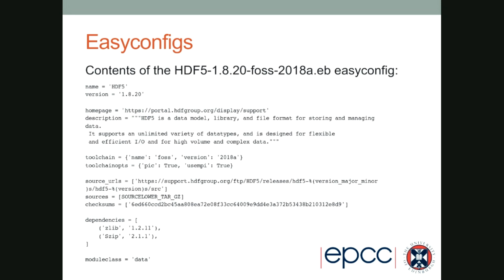It's just a sequence of key-value assignments. So we're saying the name of the software is HDF5, the version is 1.8.20, some helpful metadata. We can see straight away what the toolchain is and version and options.